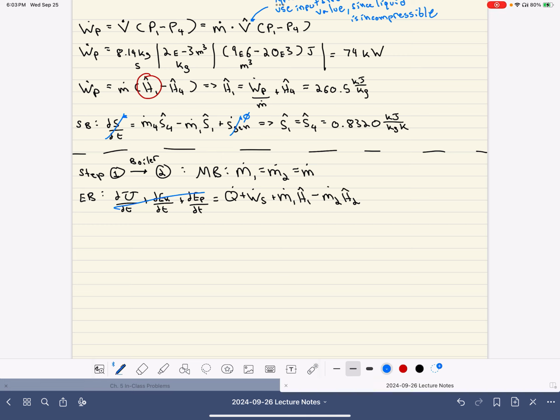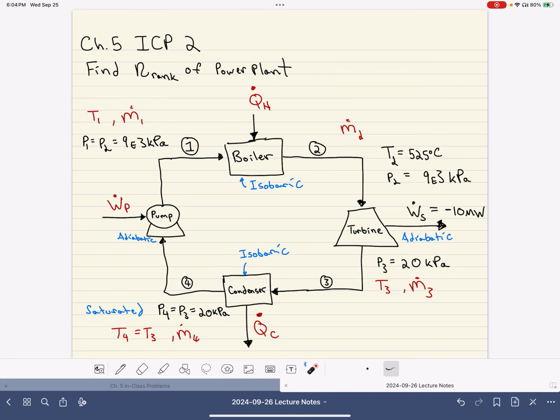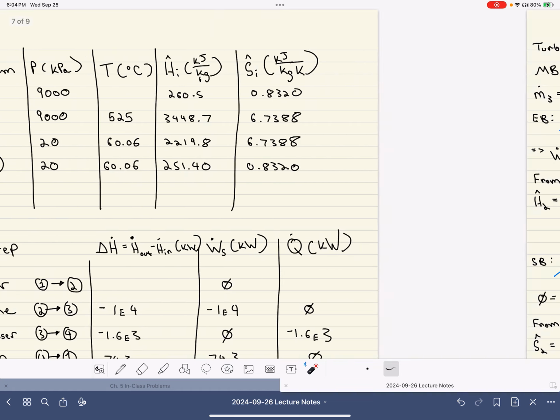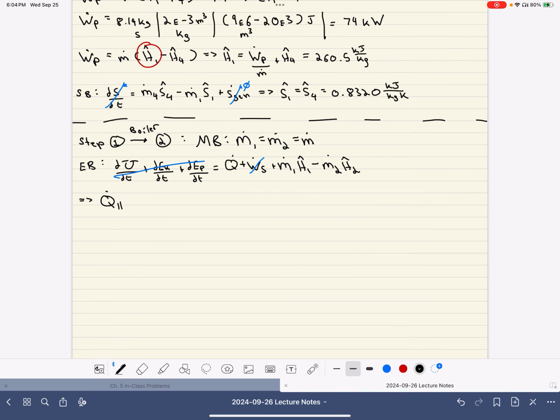Steady state, the boiler has no shaft work, and what we're dealing with is Q dot. And in this case, just to remind you about the picture, with the boiler, we're looking at the heat going into the Rankine cycle, so we're dealing with QH. QH is just equal to m dot multiplied by H2 minus H1, right? And at this point, we know everything on the right-hand side. So all you do is plug in.